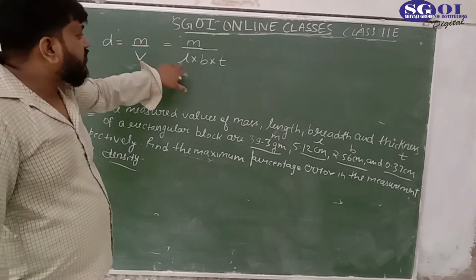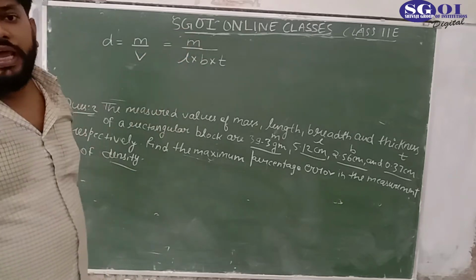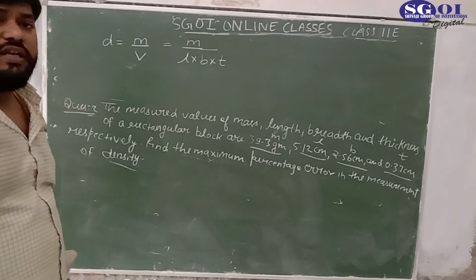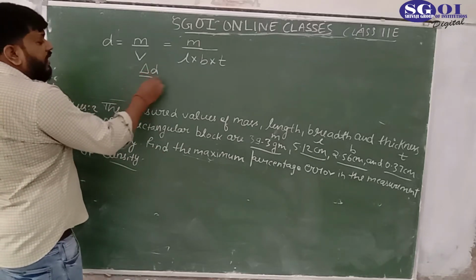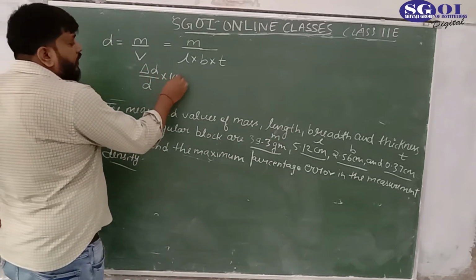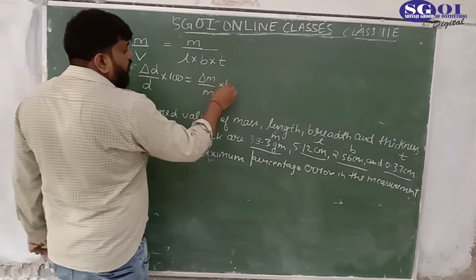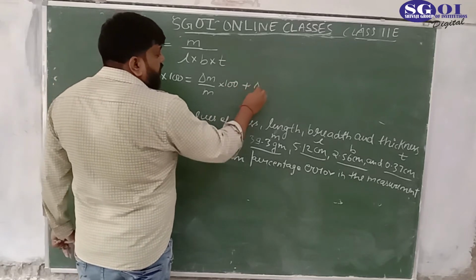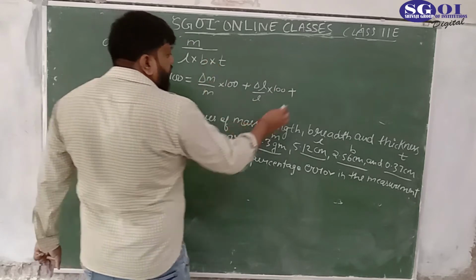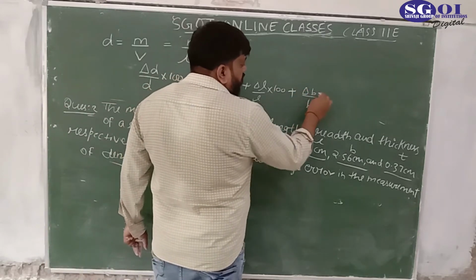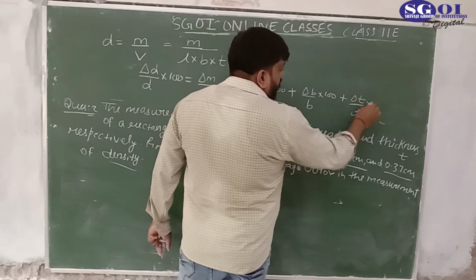We have to find the percentage error in density. All these are measured values, and the relation between them is multiplication and division. In multiplication and division, the error is in terms of relative or percentage error. So delta d upon d into 100 equals delta m upon m into 100 plus delta l upon l into 100 plus delta b upon b into 100 plus delta t upon t into 100.